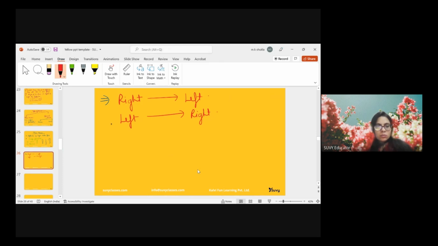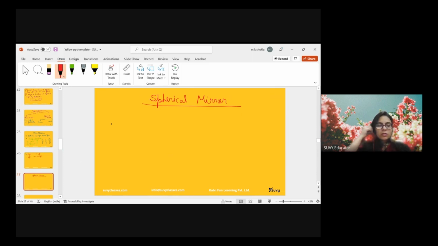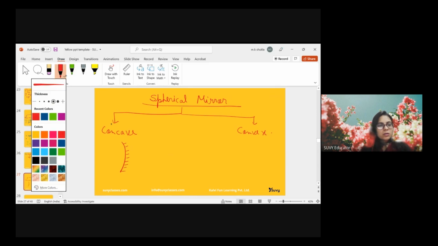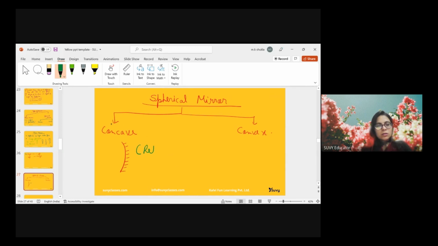Now the next topic is the spherical mirror. We have discussed two types of spherical mirror, concave and convex. A concave mirror is like this, that means the reflecting surface is inward.